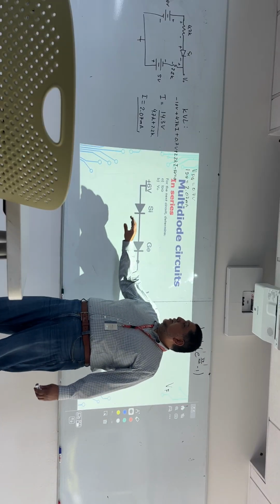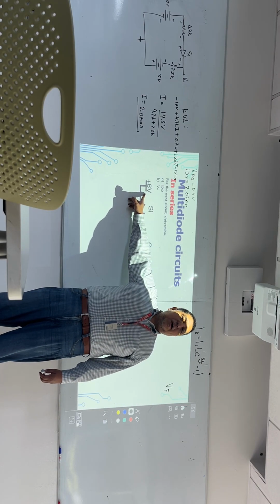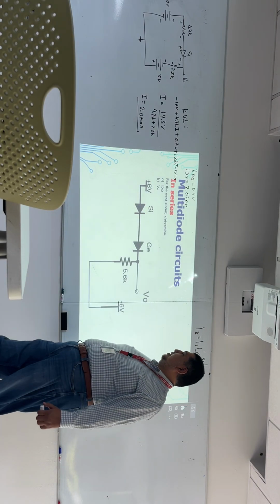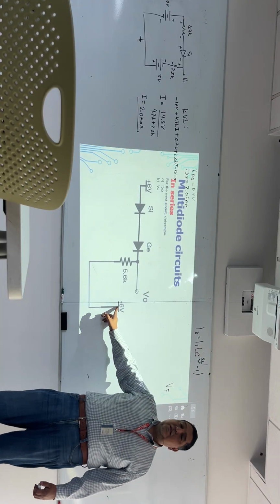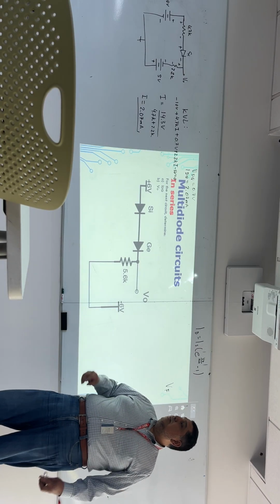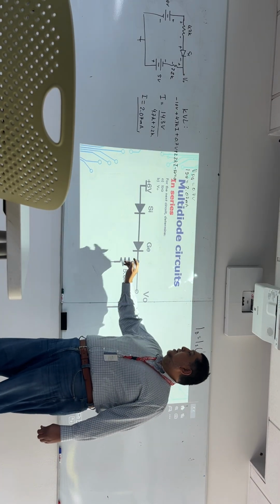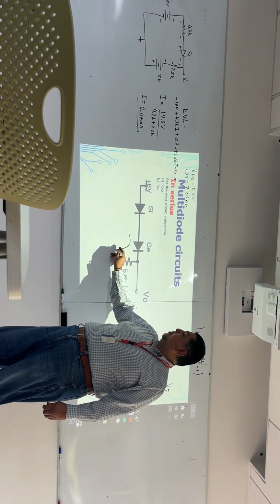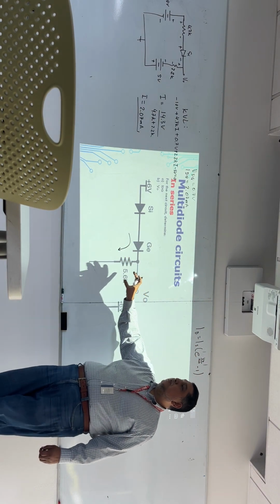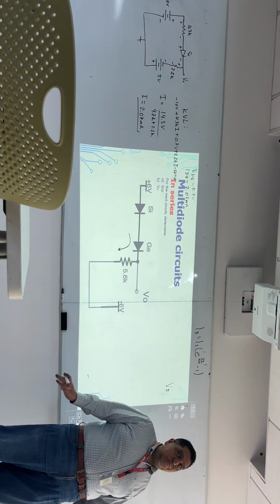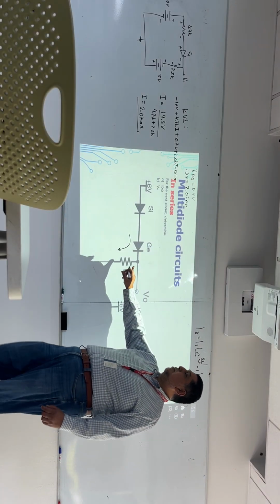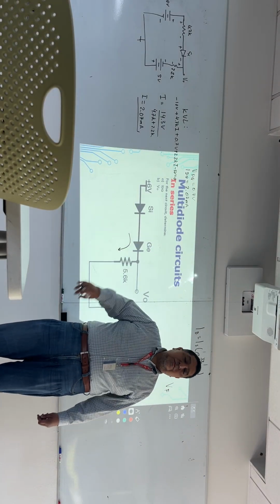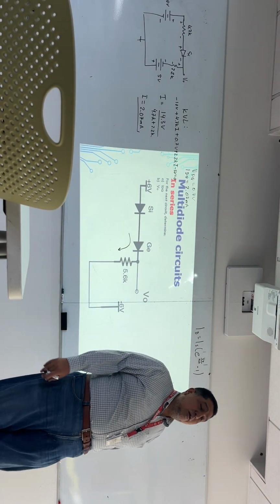So I will identify the highest voltage. In this case, it is 6 volts there, and here I have -5. So because of that, I will have a current flowing from the highest voltage towards the lowest voltage, okay? This current matches the direction of the two diodes, so basically they are on.